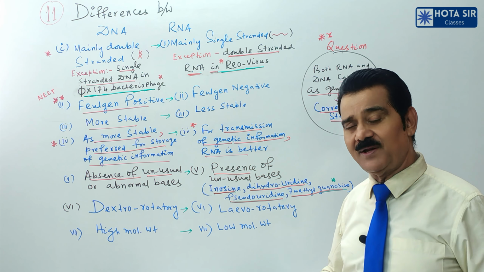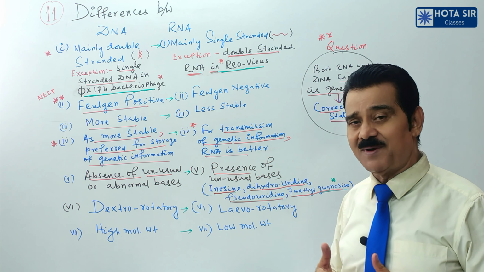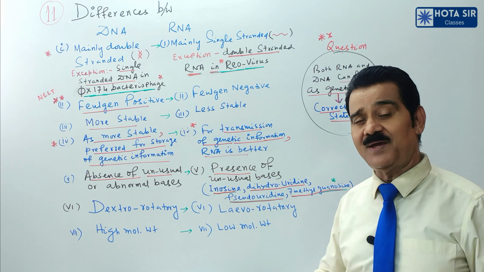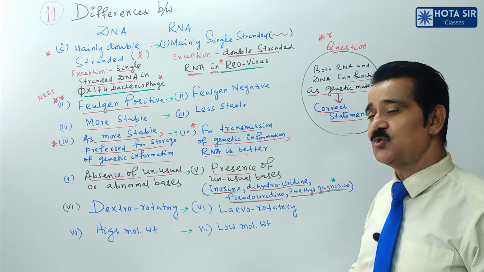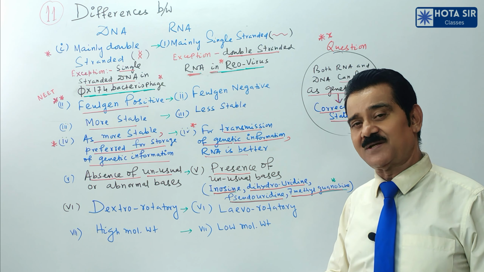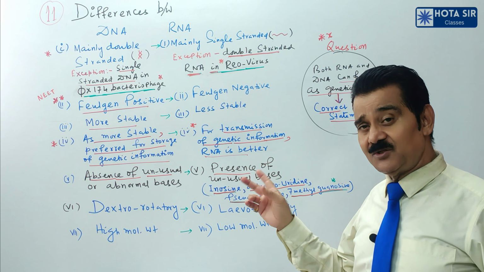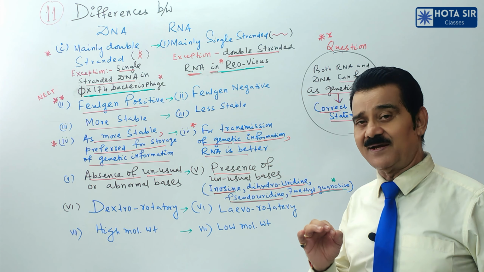Out of two nucleic acids, which one is better for transmission of genetic information? Answer will be RNA. And if the question asks which is preferred for storage of genetic information, then it is DNA, my dear children. And these 2 points will be studied in the RNA world, they are in NCERT.